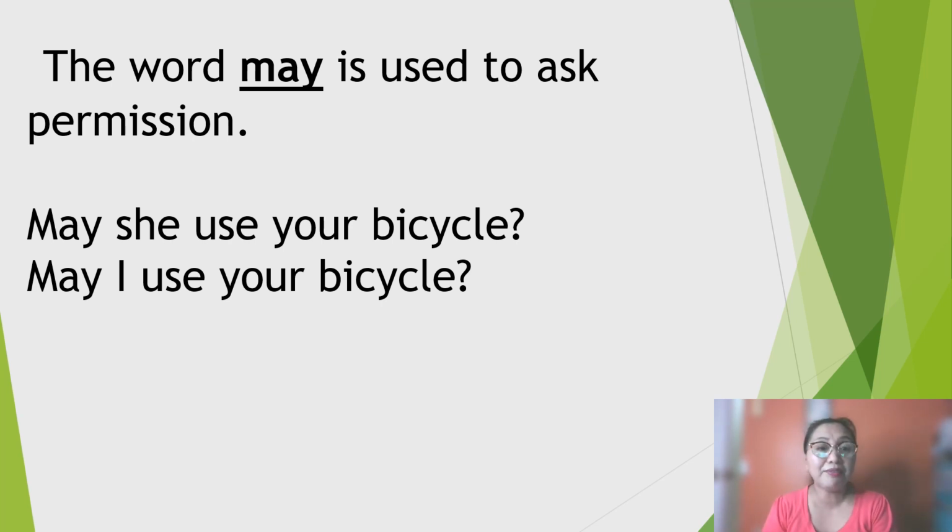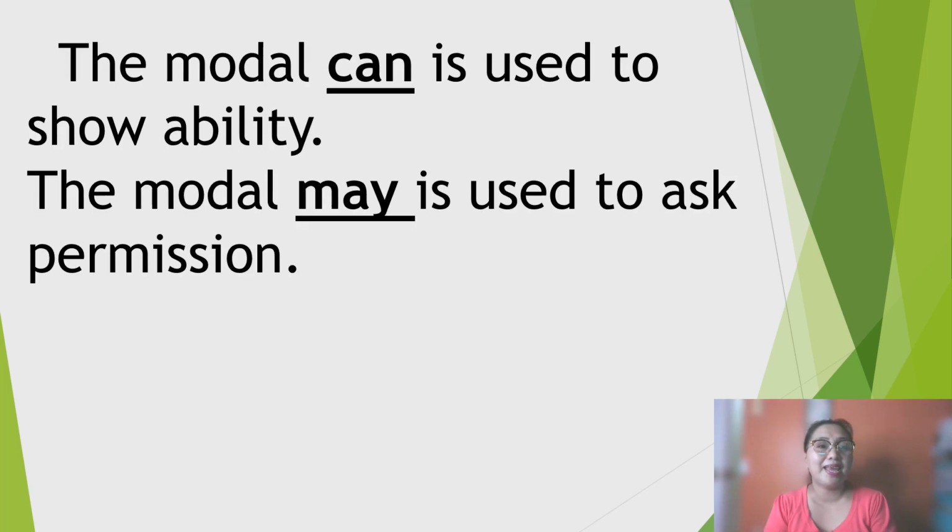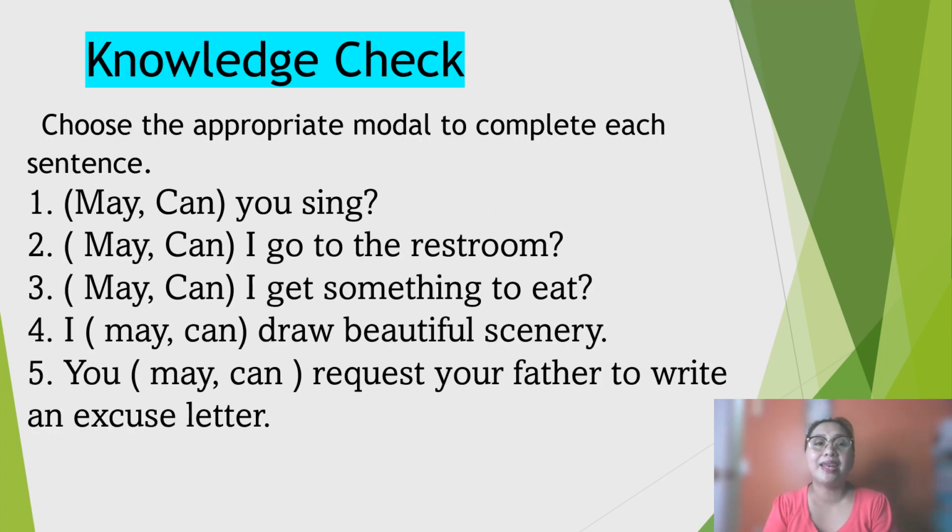So again, remember that may is used to ask permission. Okay. Now, remember that the modal can is used to show ability, and the modal may is used to ask permission from someone. Okay, now let's check how far have you learned for our lessons can and may.